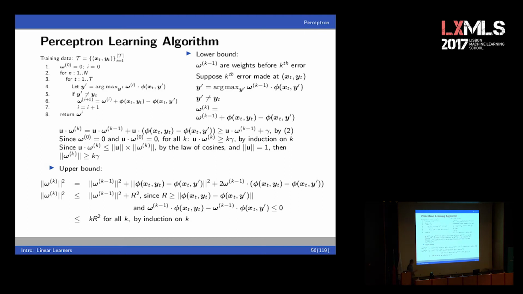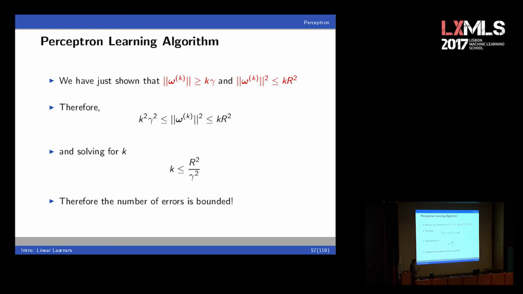But how do we use this? We have the lower bound, we have the upper bound, and from them we can solve for k, which is what we are interested in here. And we get k is less than or equal to r squared divided by gamma squared.